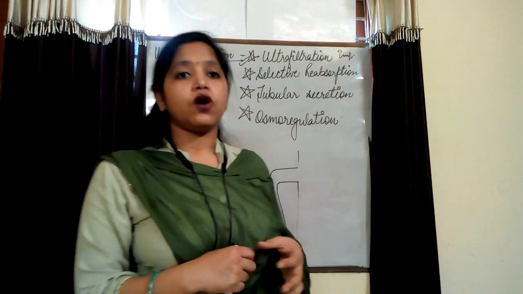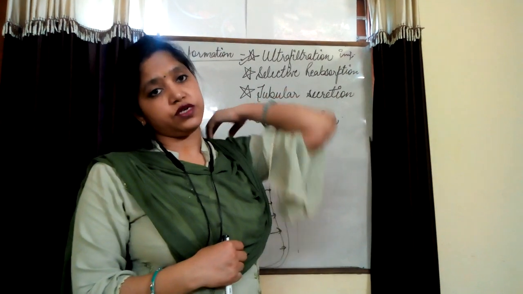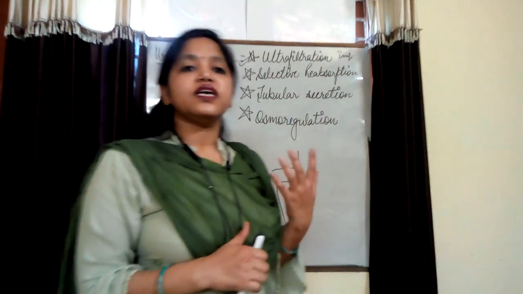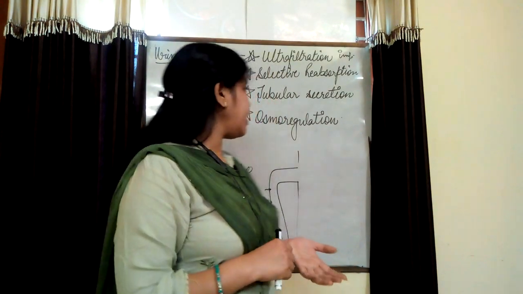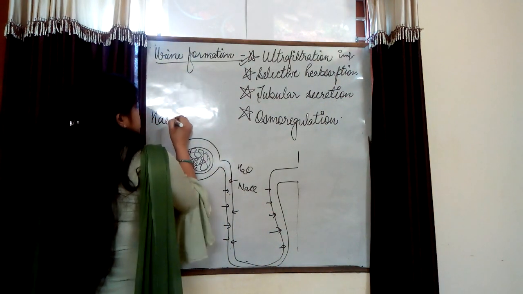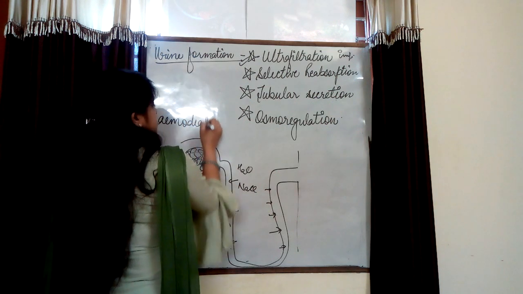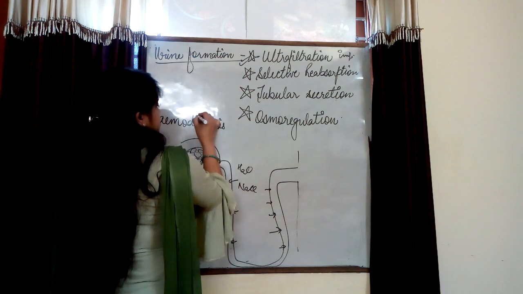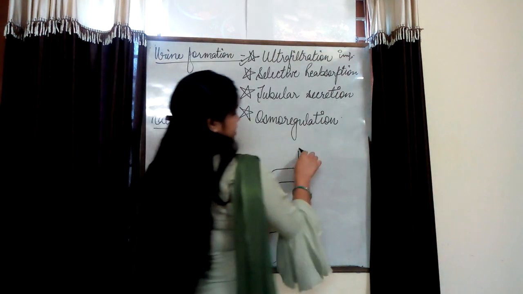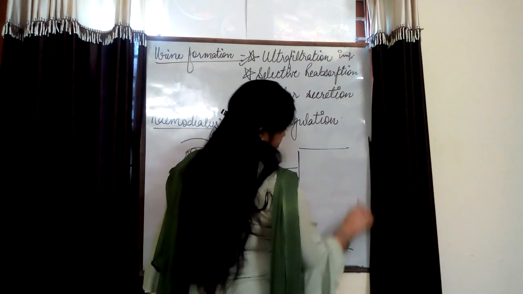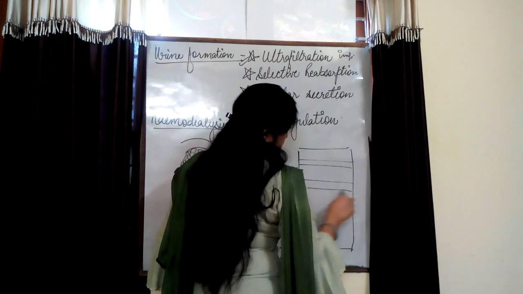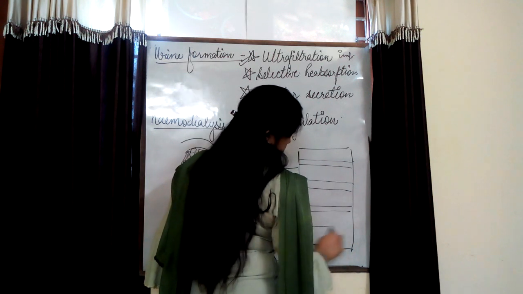In those patients whose kidneys are not working properly or are damaged, the process is said to be hemodialysis, in which the artificial kidney plays the major role. Artificial kidney is nothing else, it is a box containing so many tubes covered by a membrane, right?